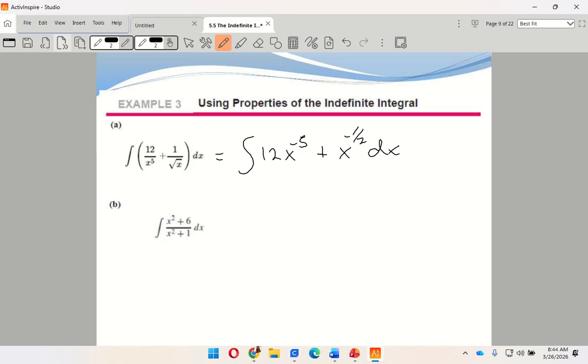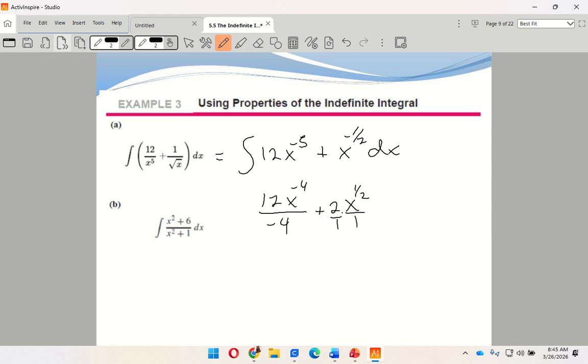All right, so antiderivative, so it's going to give me 12x to the negative 4 over negative 4 plus x to the 1/2 over 1/2, because I'm adding 2 over 2, times, right?